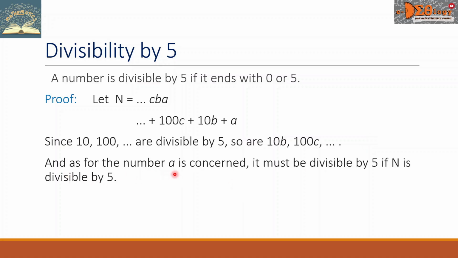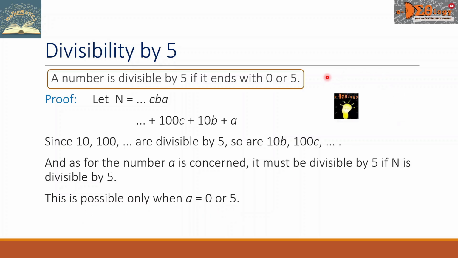And as for the number A is concerned, it must be divisible by 5 if capital N is divisible by 5. This is possible only when A equals 0 or 5. So we say it again: a number is divisible by 5 if it ends with 0 or 5.